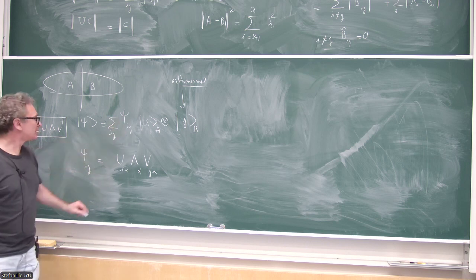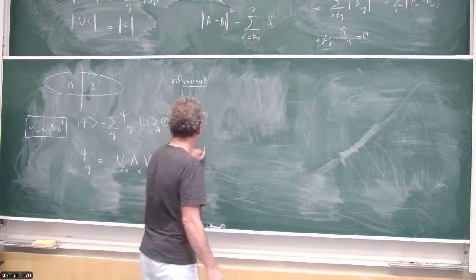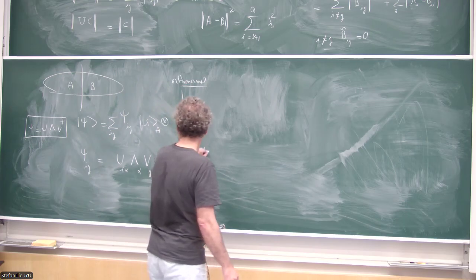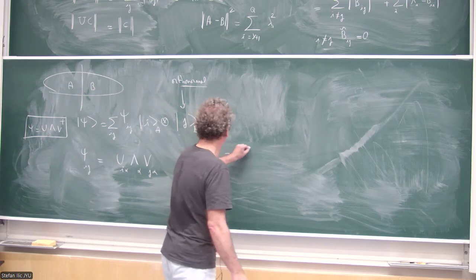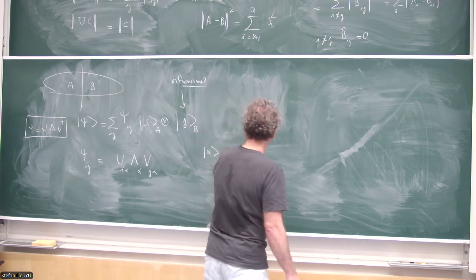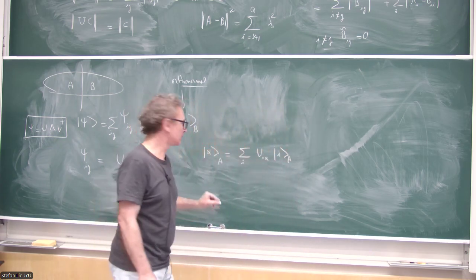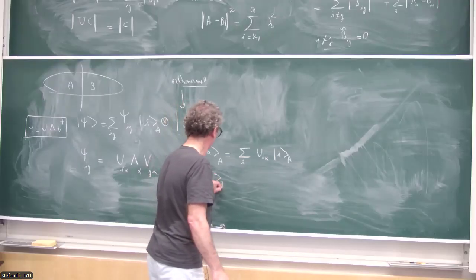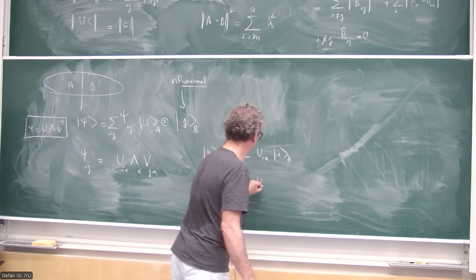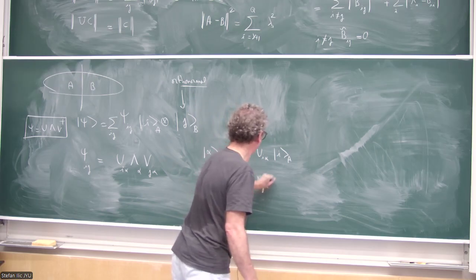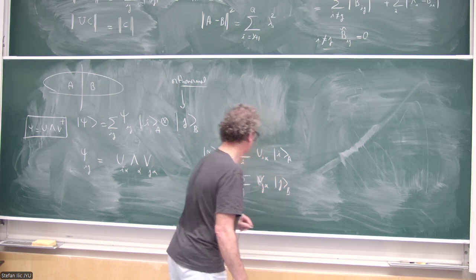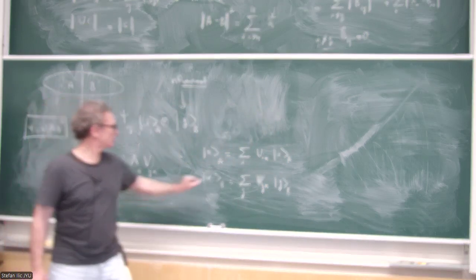And I can insert that here, and I can now create two new bases. So the alpha for A is just the sum over i of u i alpha, i A. A new basis set for A, and alpha for B is the same thing, sum over j of V j alpha, j B. Yes, good point.